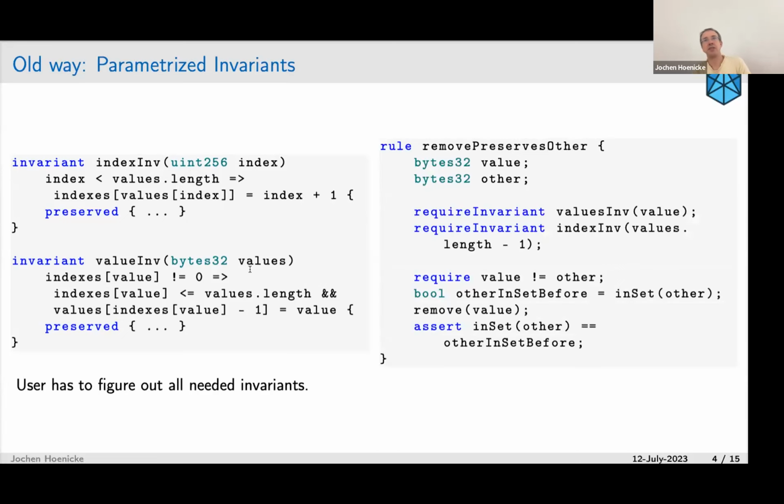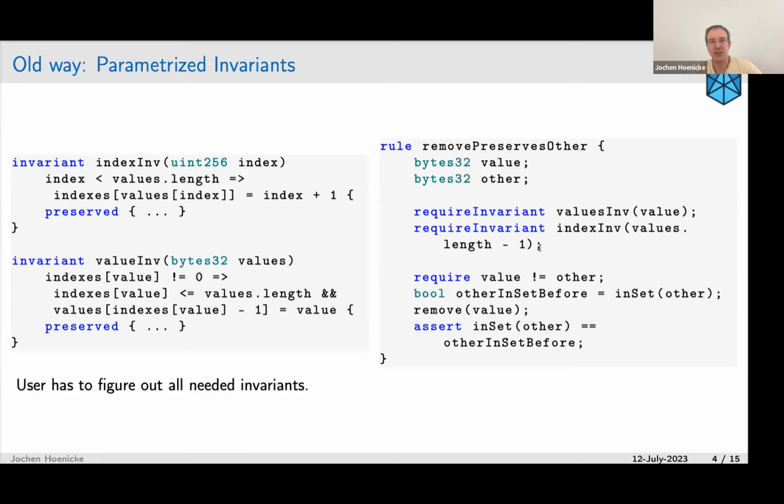The problem here is that basically the user has to do more work. If we want, for example, to verify the remove function, we need to know how the code works. We need to know that the remove function only works if the values invariant holds for the value that we want to remove. And this is something you may have guessed. But the second, more surprising thing is we also need to know that the index invariant holds for the last element in the values array.